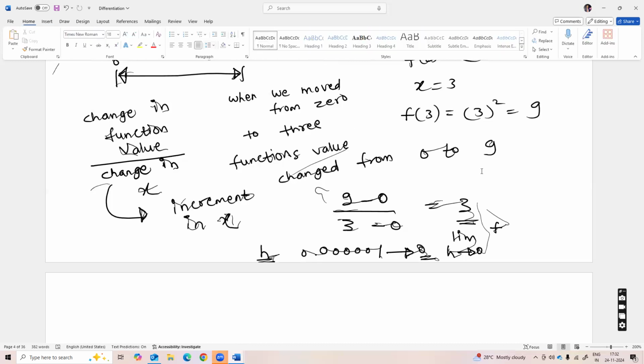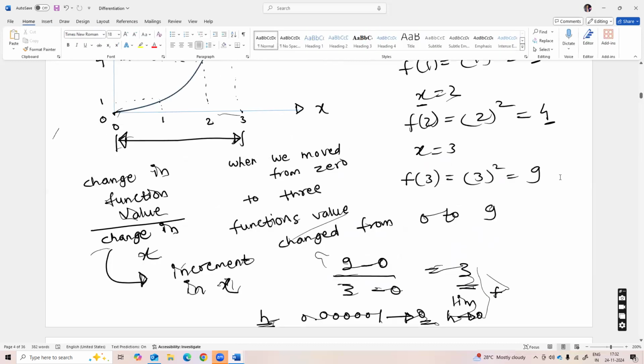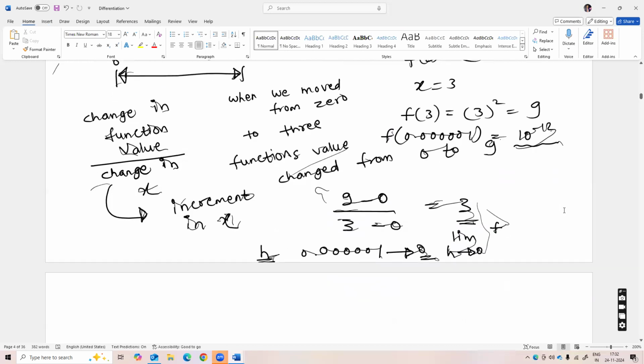Here, when you inserted x equal to 3, you got 9. But now, if you put x equal to 0.000001, you will get some value. Since it is a square, it will be like 10 to the power minus 12, a very small value. This is 10 to the power minus 6, and its square is 10 to the power minus 12.